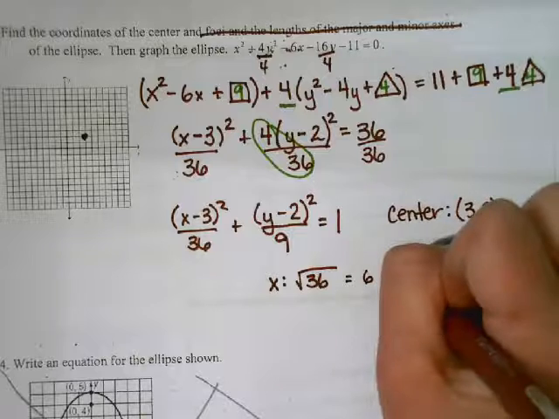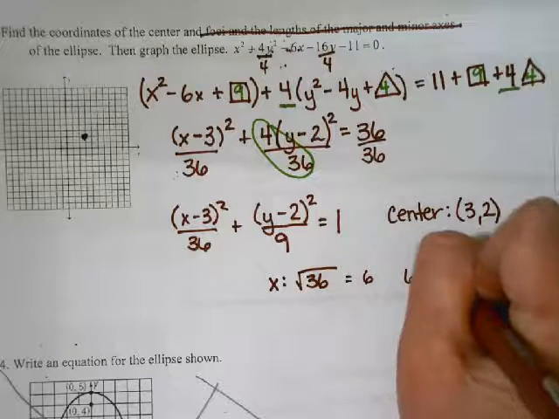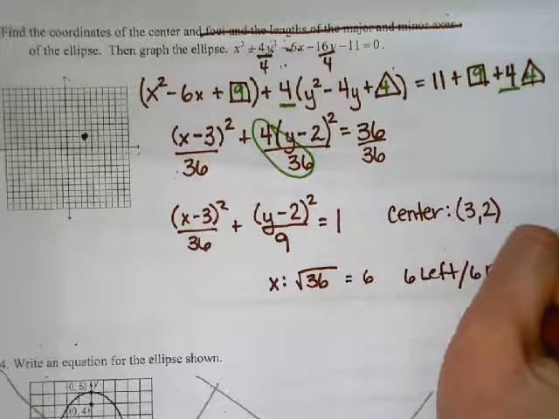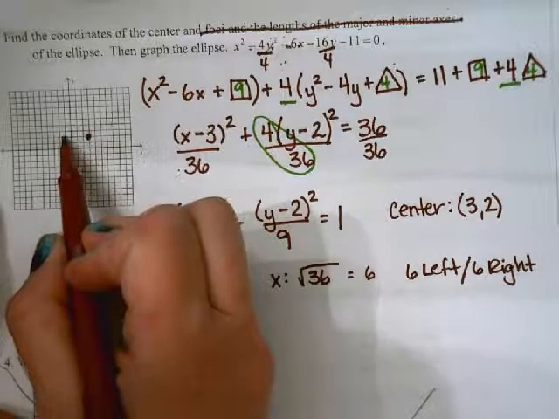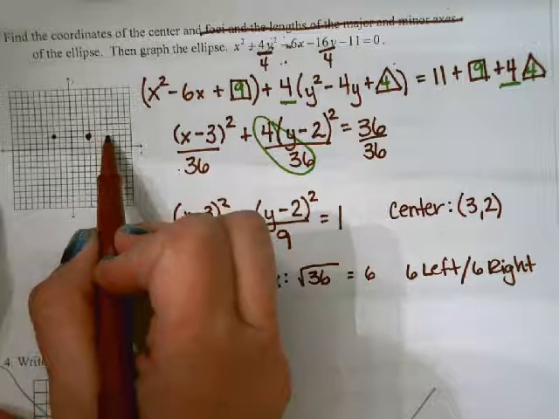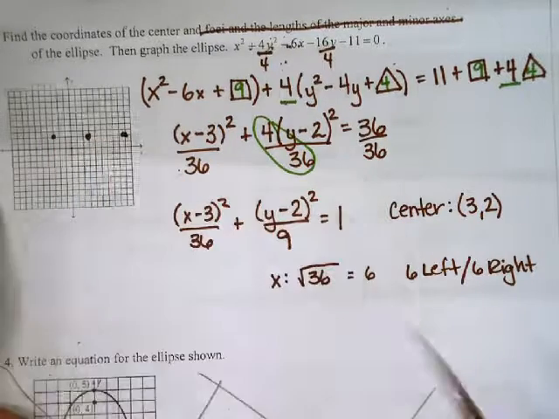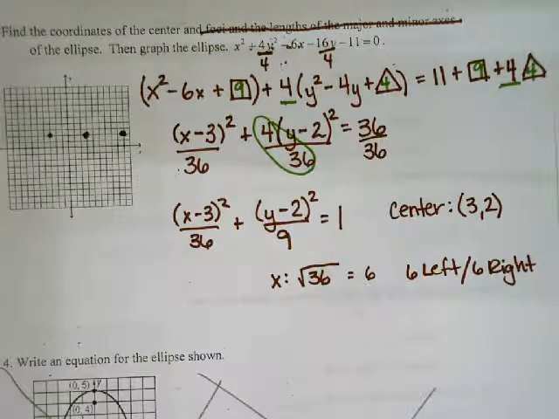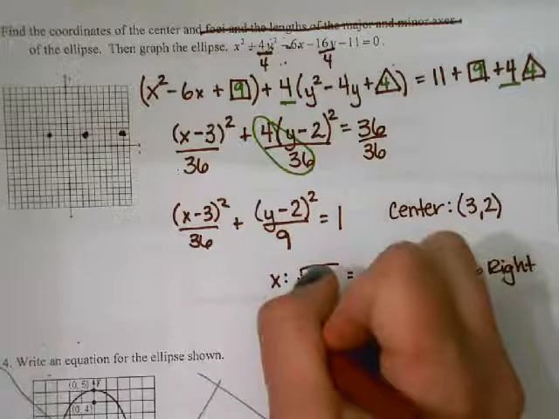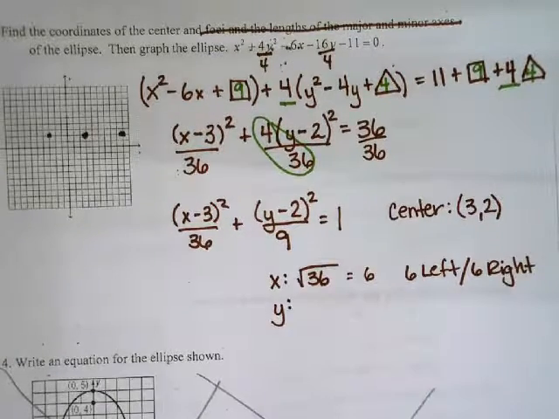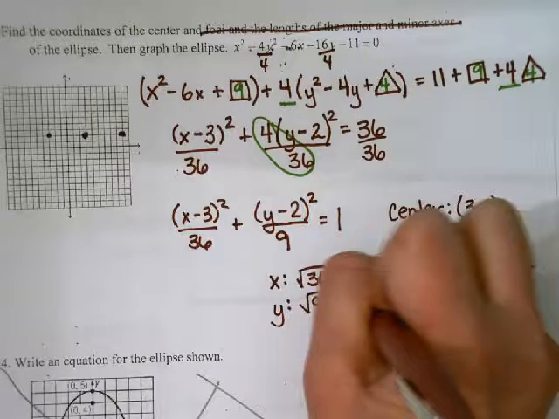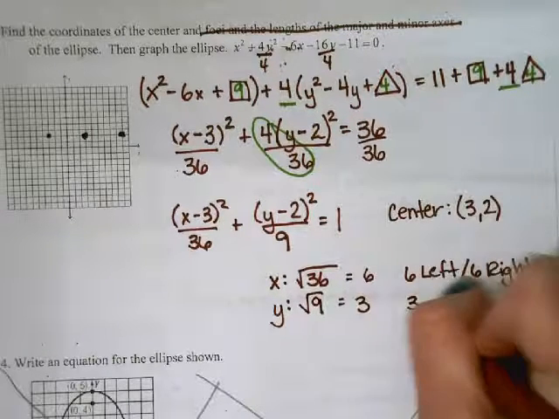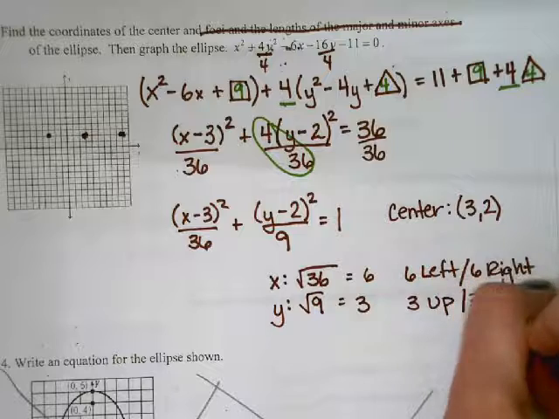Awesome. Go that left and right. Okay, your y direction. Take the square root of its denominator. Yay! 3 up, 3 down.